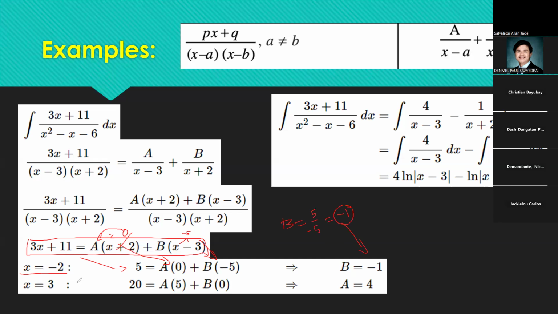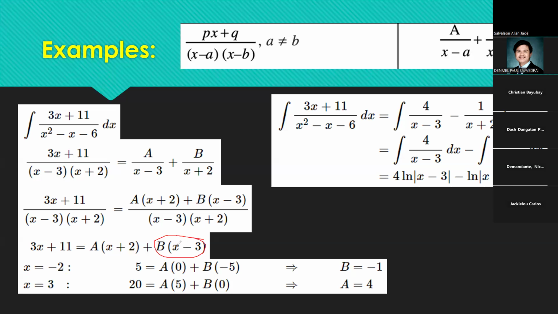The same thing with our letter A. If we want to find letter A, we find a value wherein your B will become 0. I think it's very obvious.